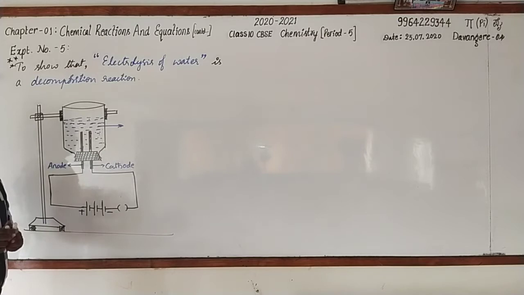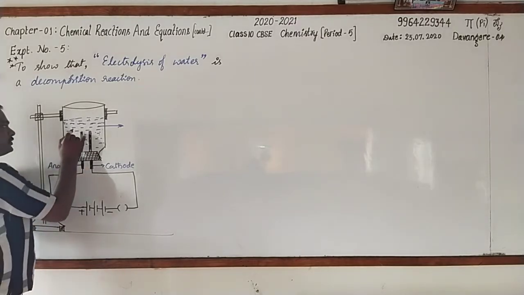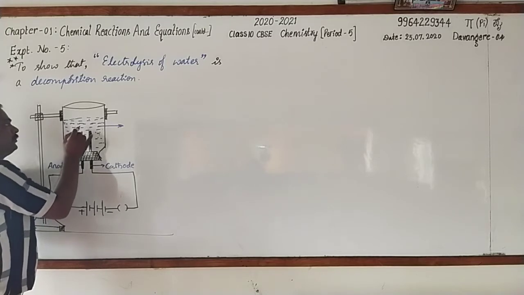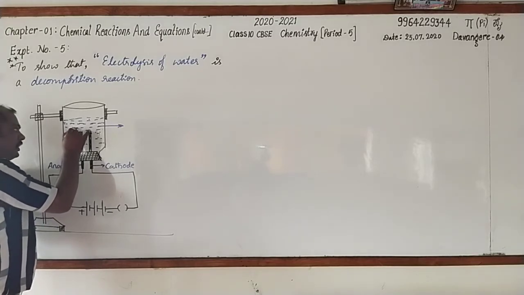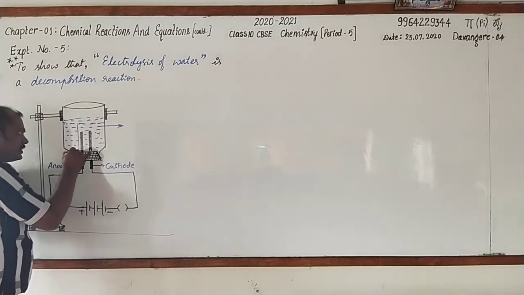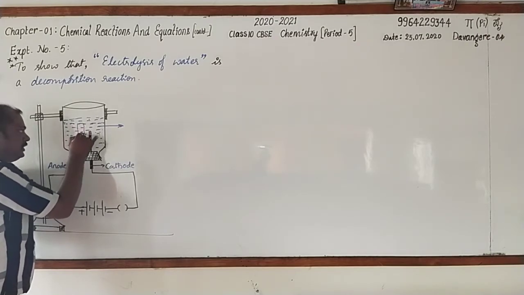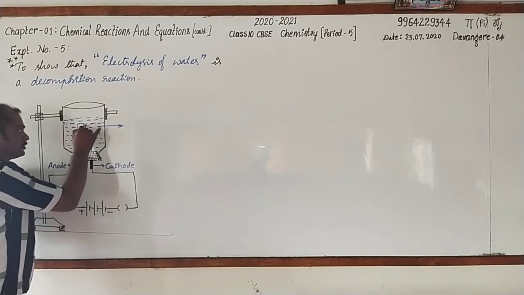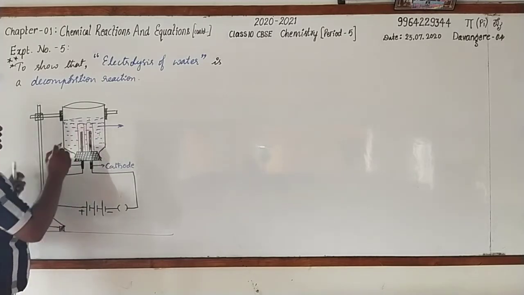Then it becomes acidified water. Next, take 2 test tubes and fill them with water and insert them such that they cover these 2 electrodes. So these are the 2 test tubes.